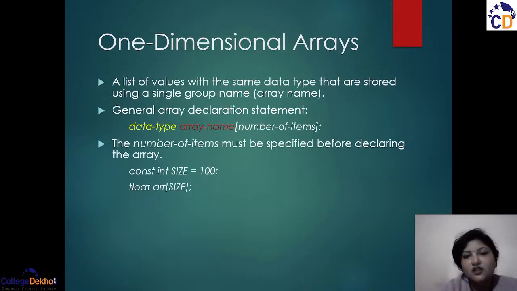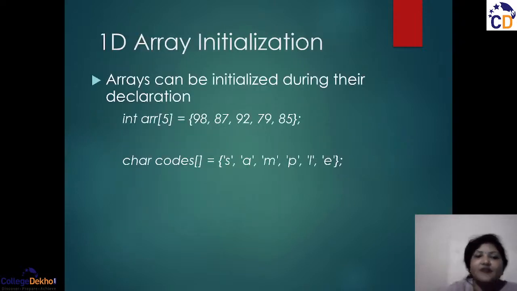It is only declared: float array size, with no values. Whereas in this part, during the time of declaration, whenever we declare that particular array, we initialize it with some values also. So I initialize with the values 98, 87, 92, 79 and 85.